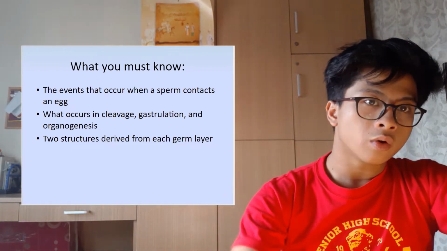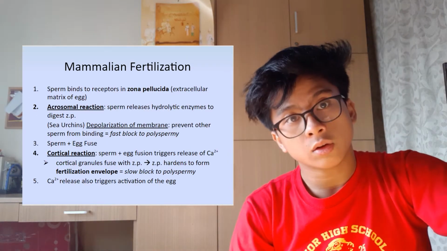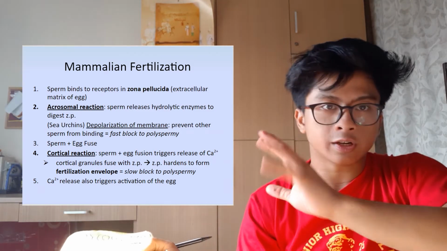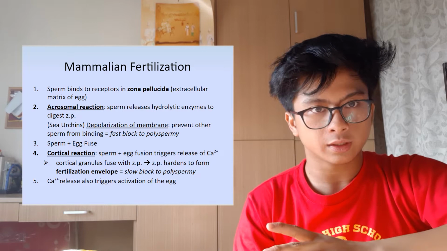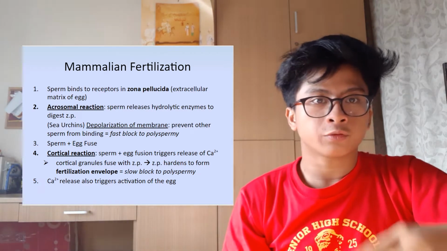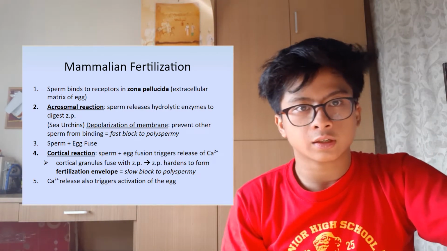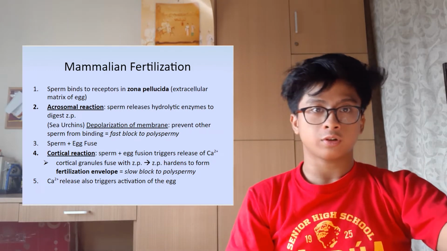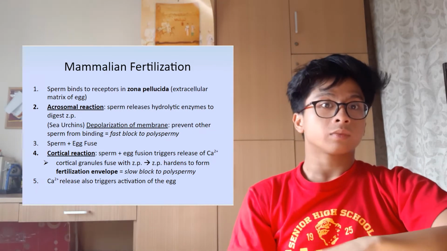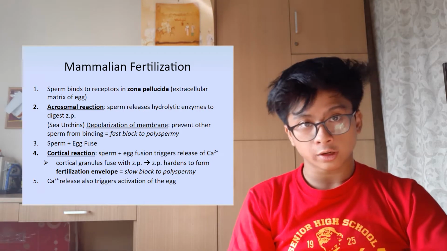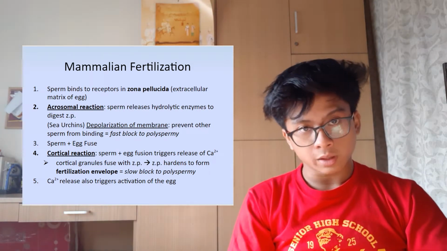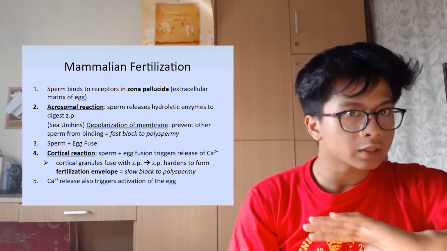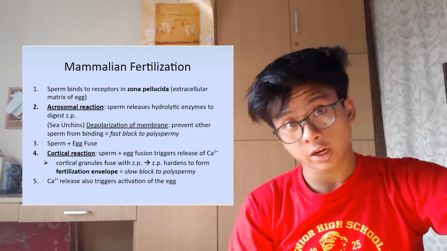So, going to slide number 3, we can see here a series of steps which I will be discussing. But first, let me give a brief explanation of what happens before these events. We all know that after intercourse, millions of sperm cells are released from the male and travel into the female's vagina.